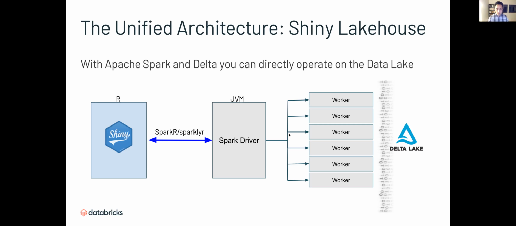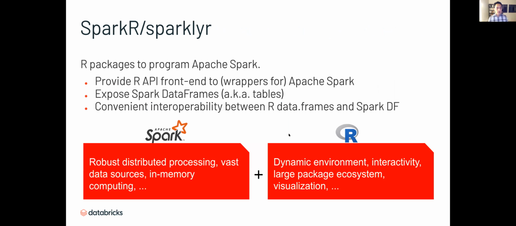Cool. Okay, so now let me talk about SparkR and sparklyr. These are two different packages, very similar. They were developed to program Apache Spark for R users. So if you're an R user and you want to talk to Spark, you don't need to go and learn Scala or Python. You can do it from R using either of these two packages.